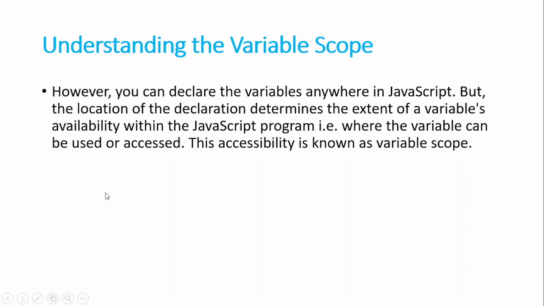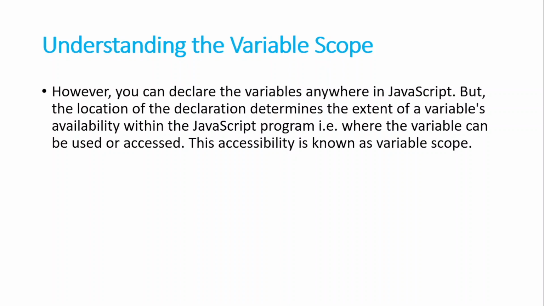We also have variable scope in a function. However, you can declare variables anywhere in JavaScript, but the location of the declaration determines the extent of a variable's availability within the JavaScript program. It implies where the variable can be used or accessed. This accessibility is known as variable scope.